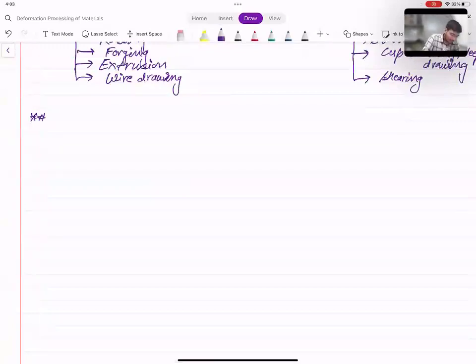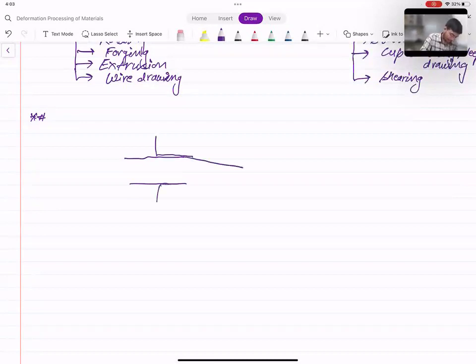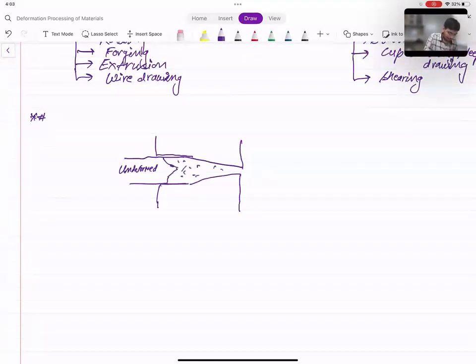It somewhat appears like, suppose this is my workpiece and these are the tools which are causing the deformation. This is the undeformed region, and suppose from here it is getting deformed, so this region is deformed.